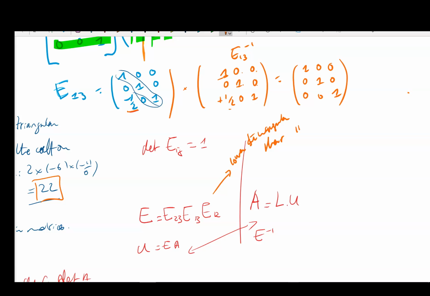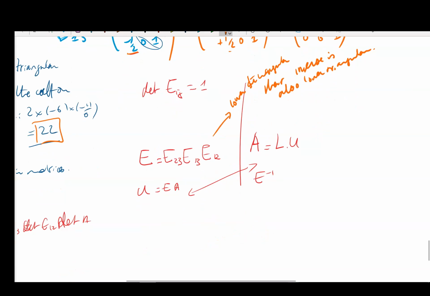Their inverse is also lower triangular. So what does that mean? It means that the E minus 1, which is actually the inverse of E23 times E13 times E12.